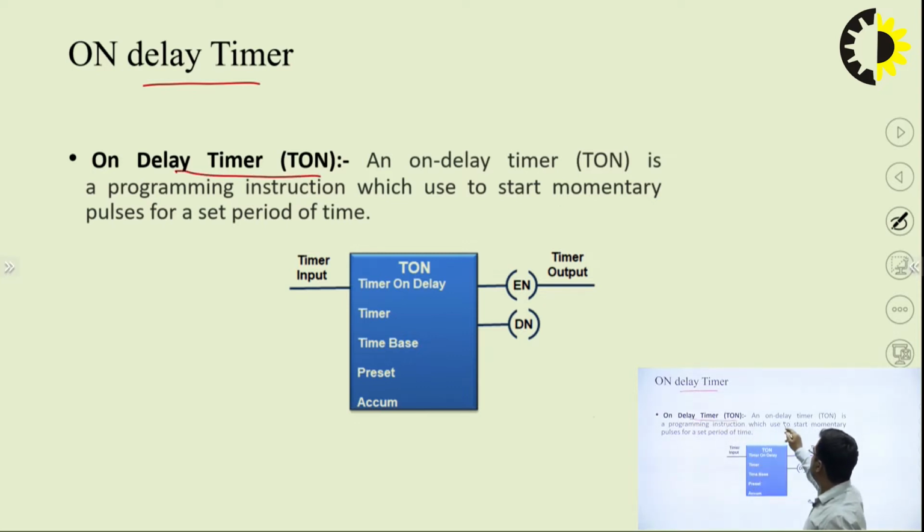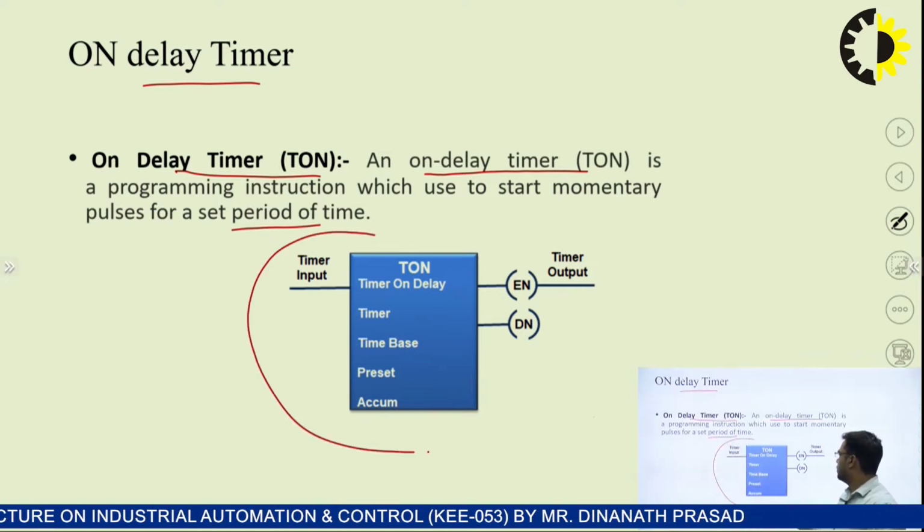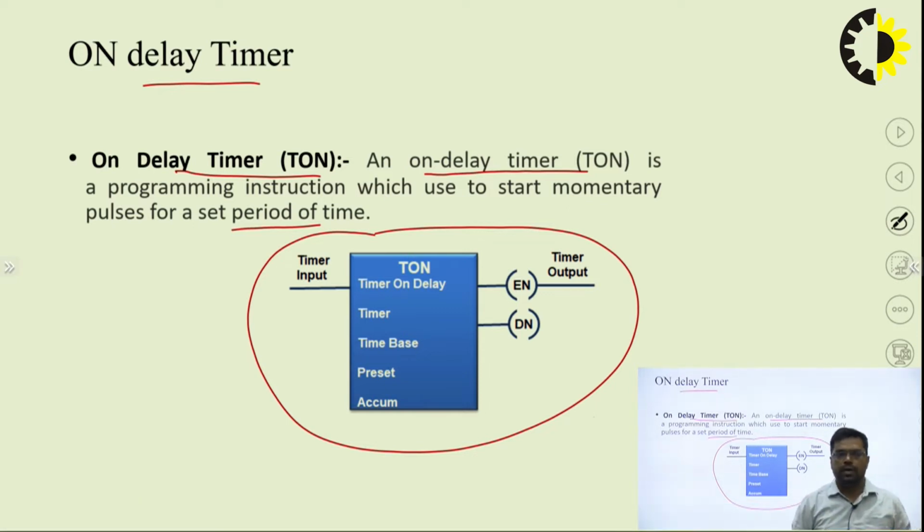The on delay timer is one of the programming instructions used in PLC, which is used to start a momentary pulse for a set period of time. So you can see this block is the on delay timer block.